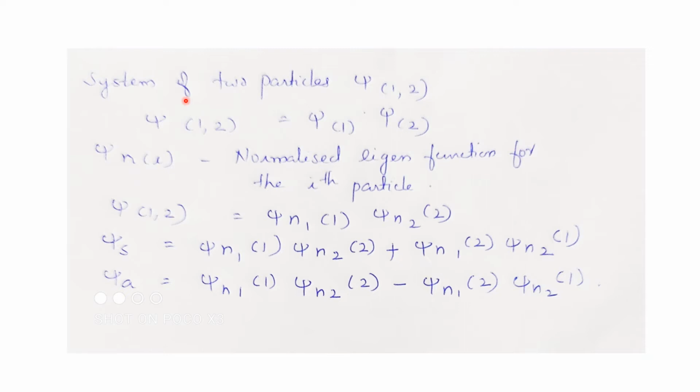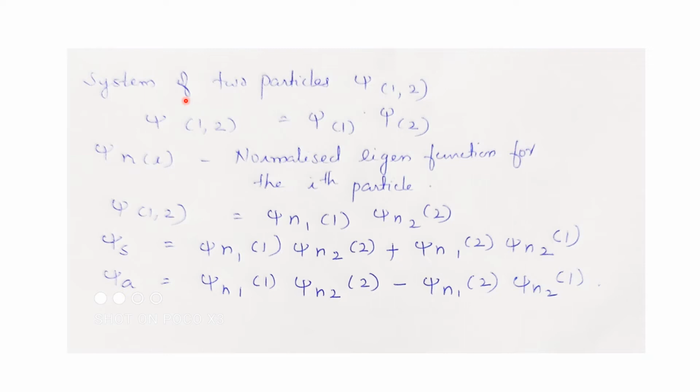That is, Pauli's exclusion principle states that the total wave function of a system of a pair of electrons must be antisymmetrical in the interchange of the coordinates of the pair of electrons.